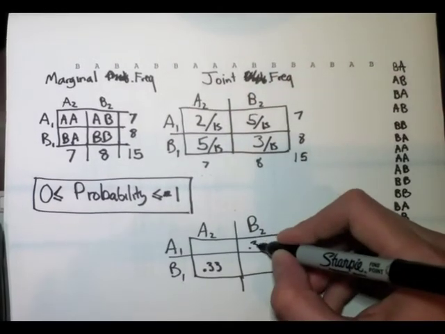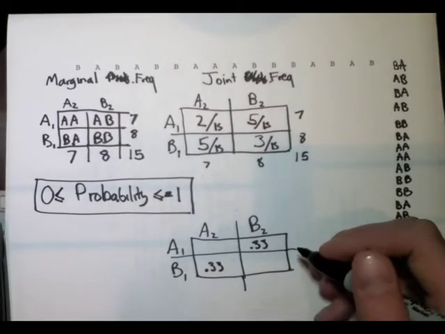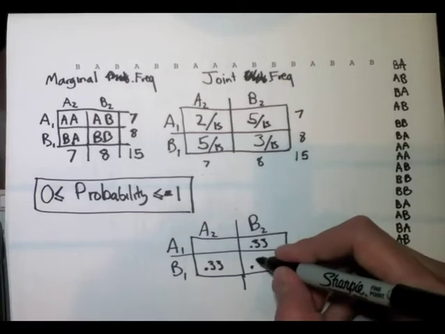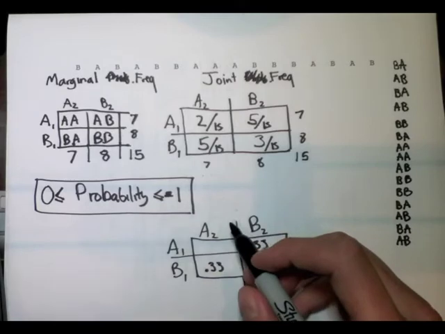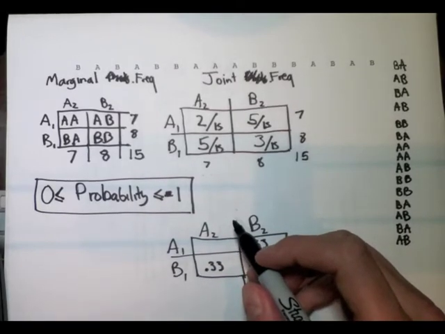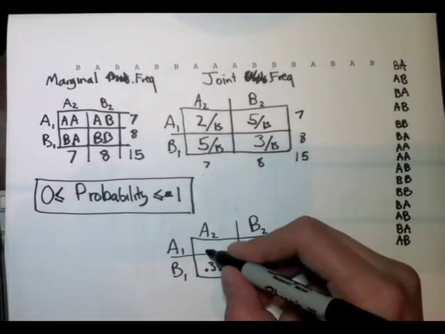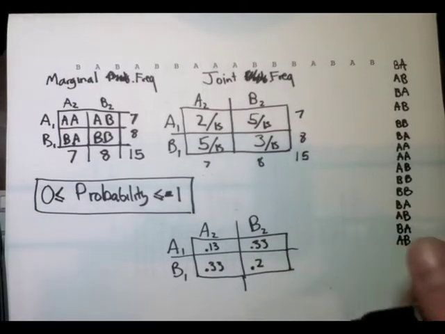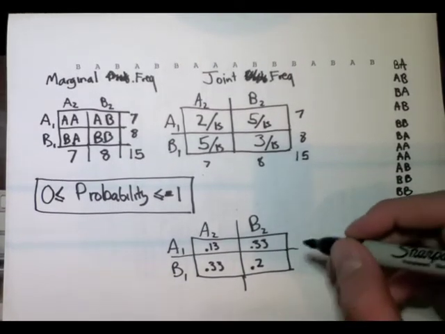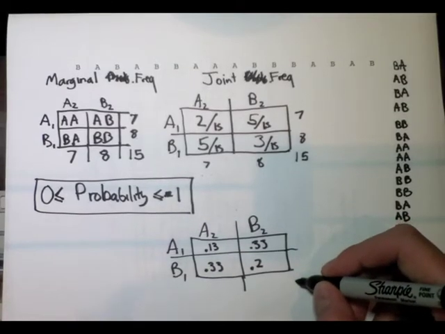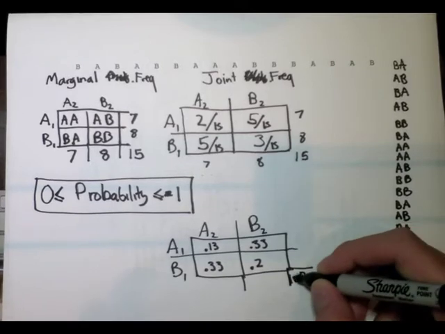So that's 0.33 in both of those. 3/15 is equal to 1/5, which is 0.2, and 2/15 is 0.13. And those are rounded, obviously, because otherwise we would only add up to 0.9. But altogether, that adds up to 1.0. Sorry, that's the total here.